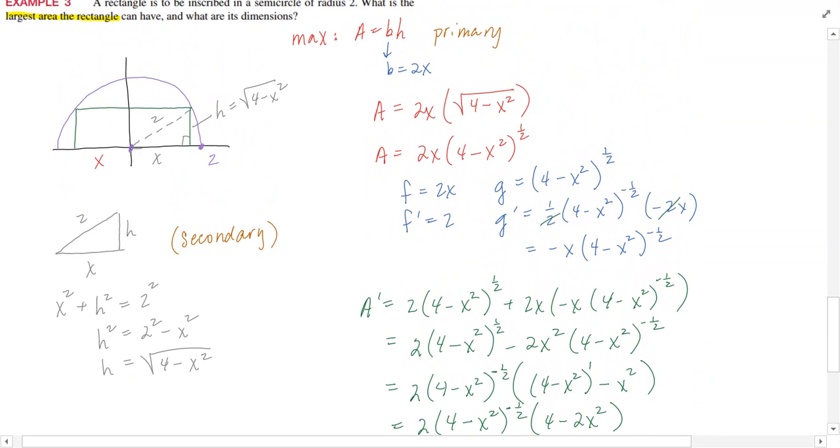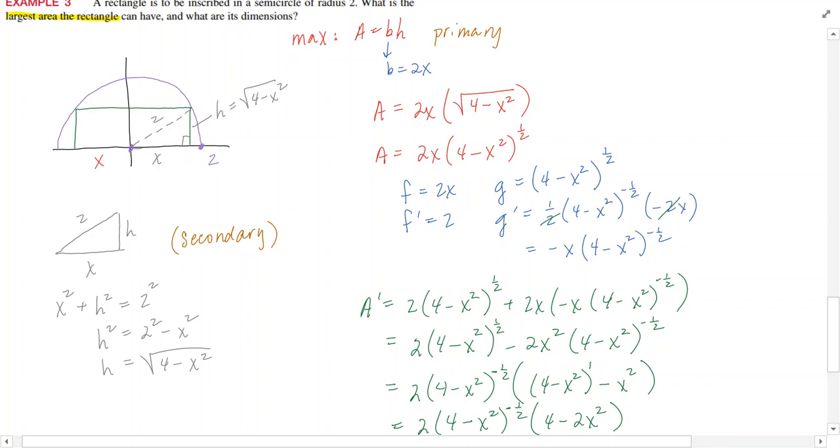Remember that we're actually looking for a dimension, and so I can't have x equal to 2, because my value of x is going to have to be less than 2. The circle's radius is 2, and therefore the inscribed rectangle has to have some value just shy of the radius. Because if this length of x was equal to 2, I would no longer have a rectangle.